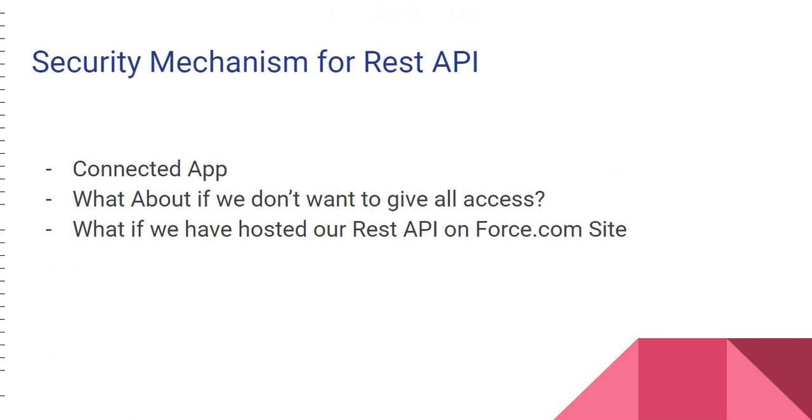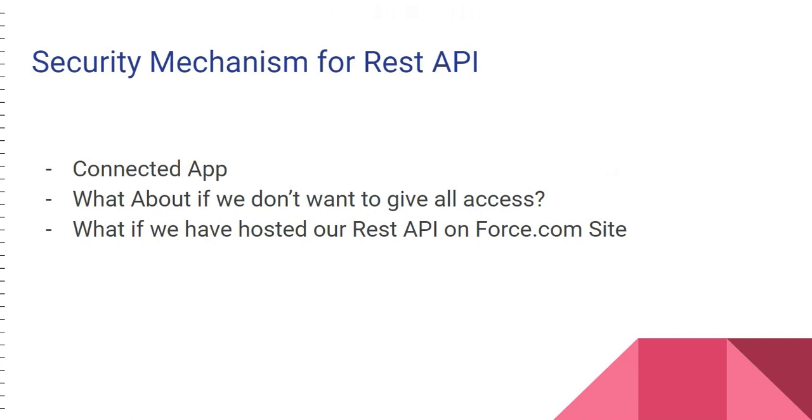But let's say I don't want to give all access to our Salesforce, or I want to give access only to those data objects which I want to give to some third party. What you have to do, let's say I have hosted the REST API on the host.com site, then how can you secure that API?